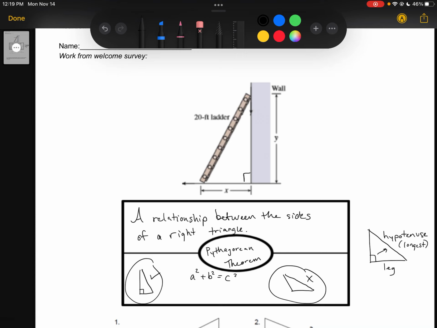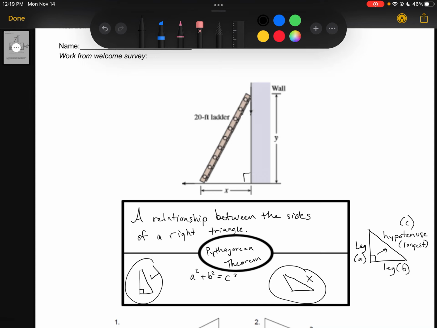We have a leg here, and we also have a leg here. Anything that is not a hypotenuse is a leg, and the legs are kind of interchangeable in some ways. It doesn't really matter which one is which. As long as one of them is a and one of them is b, they can go back and forth. The only thing that does matter is your longest side length is c. So the hypotenuse must be c, and c can only be the hypotenuse, so that goes both ways.